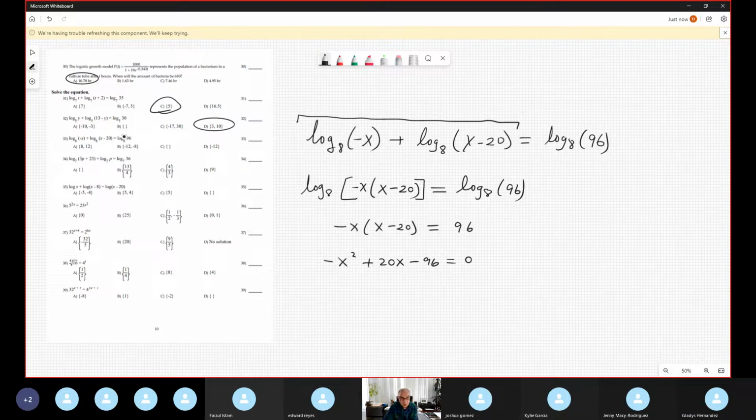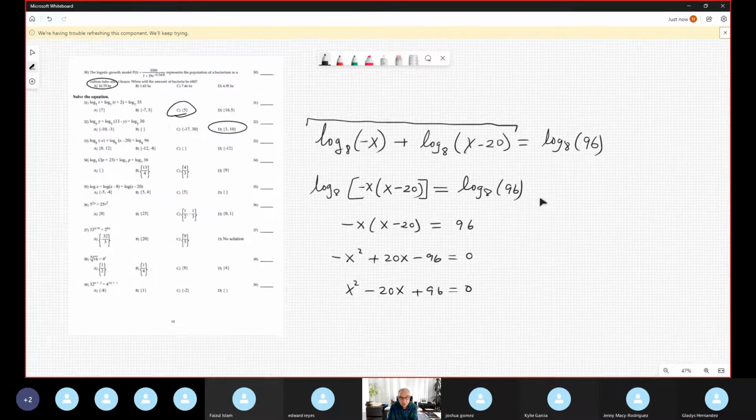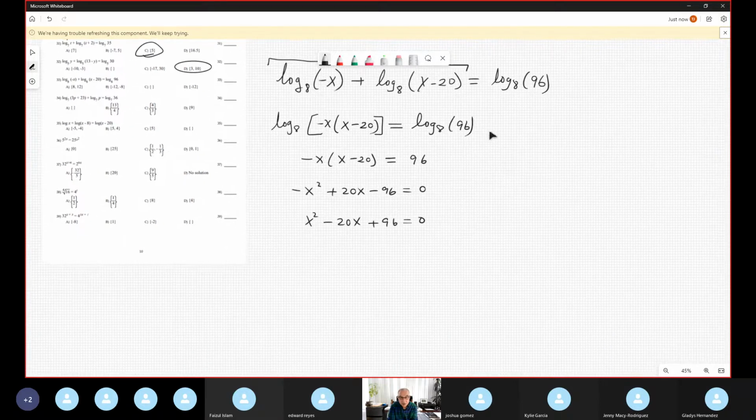I multiply the whole thing by -1 to get positive here, and the quadratic is x squared minus 20x plus 96 equal to 0. Okay, cool. Now my problem is solving this quadratic equation because it's super easy.